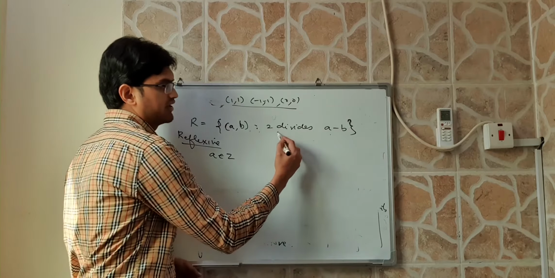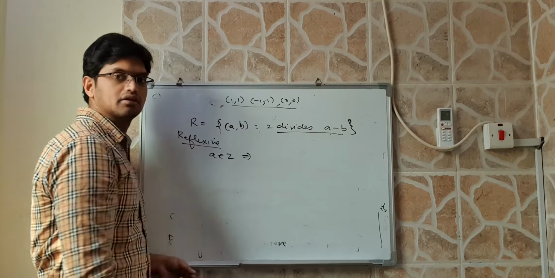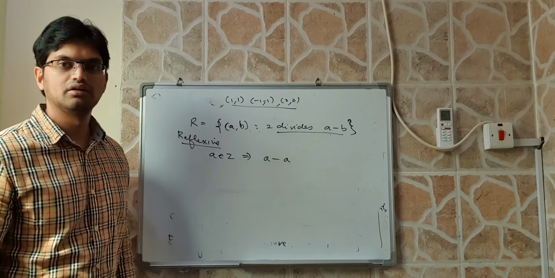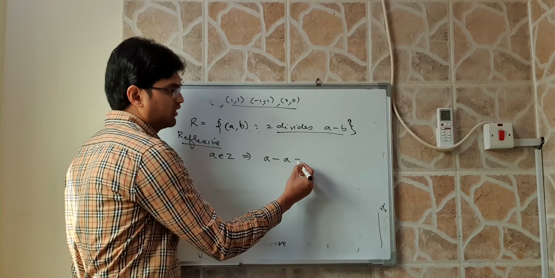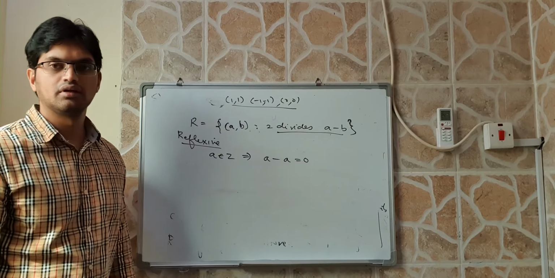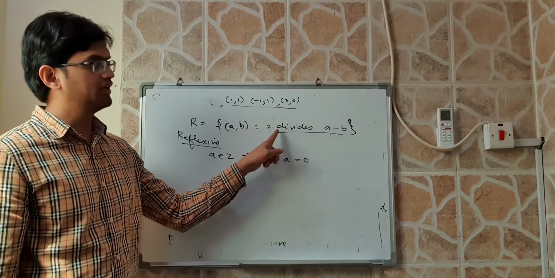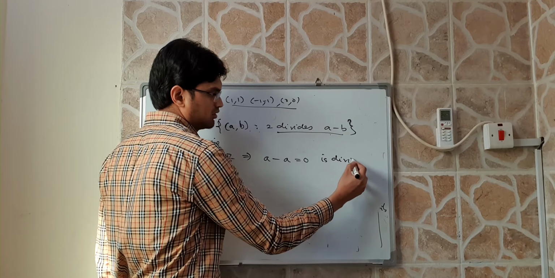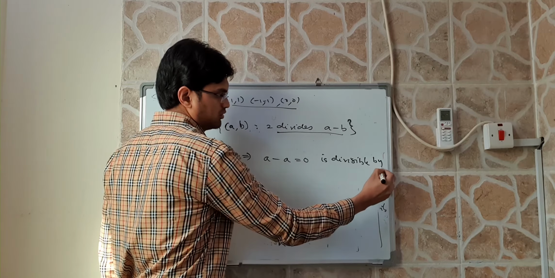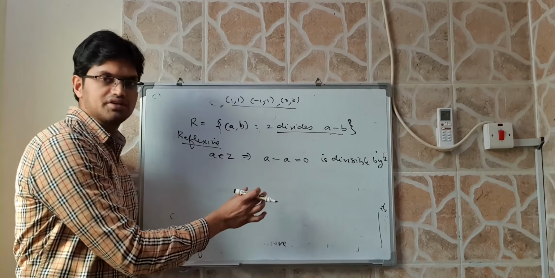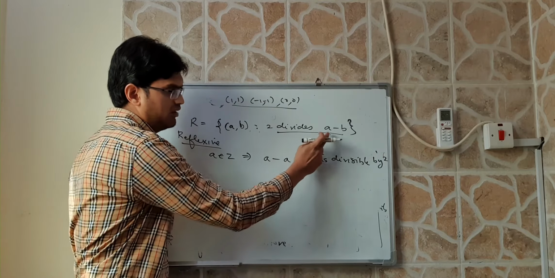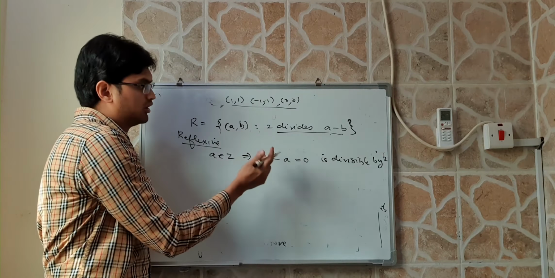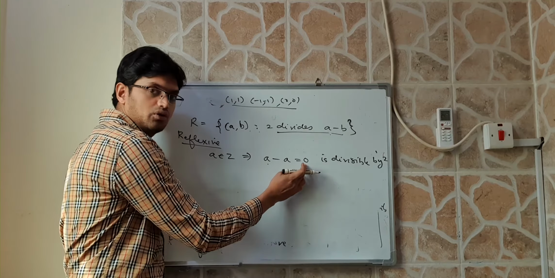And I'll go to the definition. This implies, you see, if I perform a minus a, what is happening? a minus a will give you the answer 0. And you can see that 0 is divisible by 2. According to the definition, if a minus b is divisible by 2, then (a, b) is there in R. So I have a minus a is equal to 0.